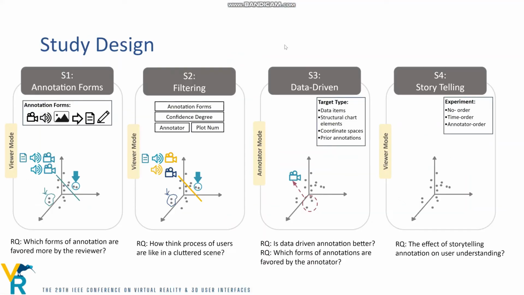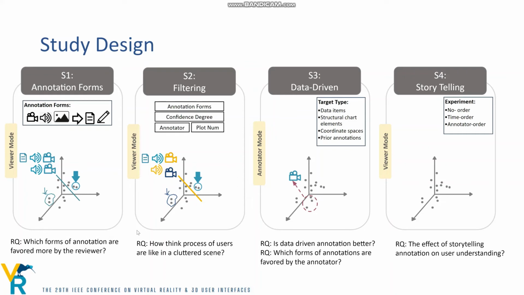My research includes a series of studies aimed at exploring different annotation forms and techniques for analyzing 3D data visualizations, such as scatter plots, and we use Microsoft HoloLens 2 for this experiment.